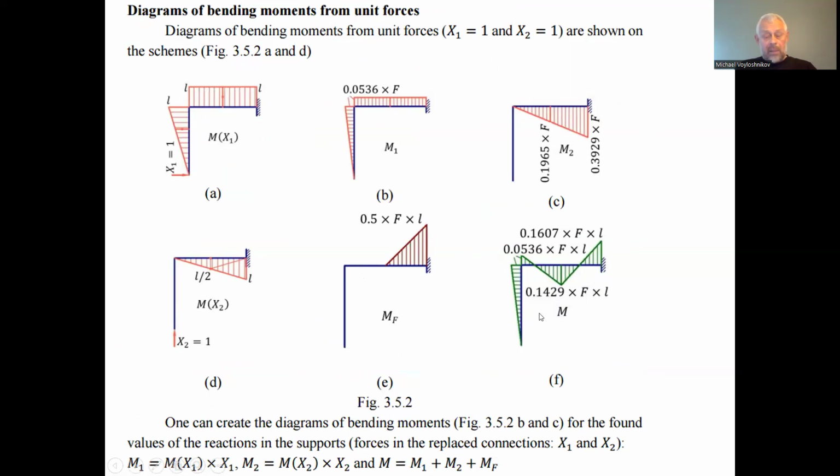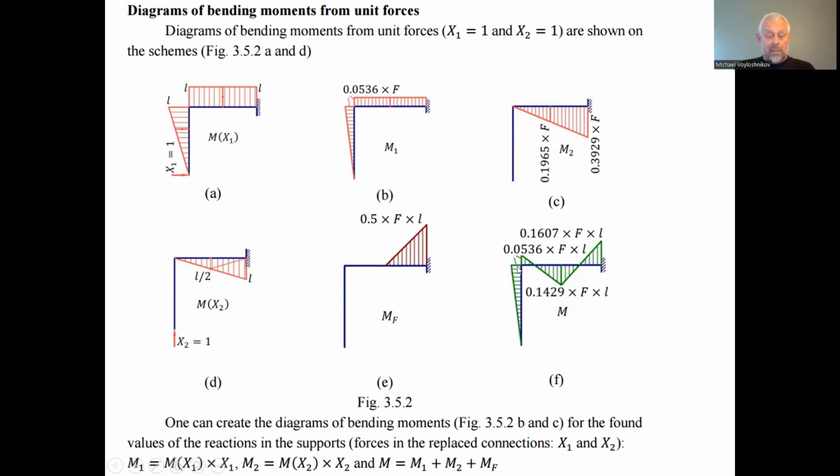If we consider this one, how to find the derivative for this diagram. The derivative is the tangent of the inclination of this diagram. The tangent is equal to the proportion of two legs.